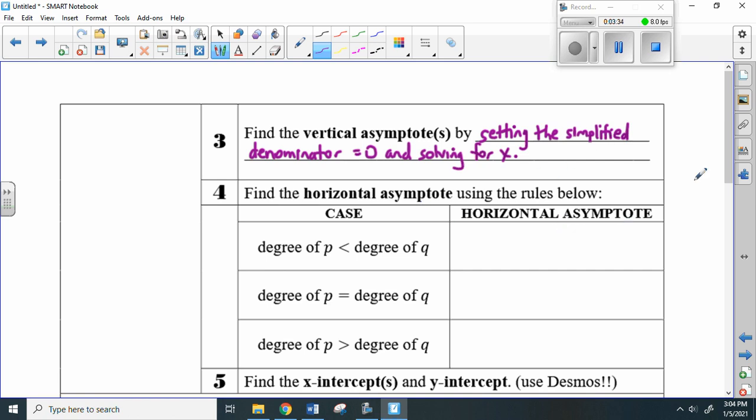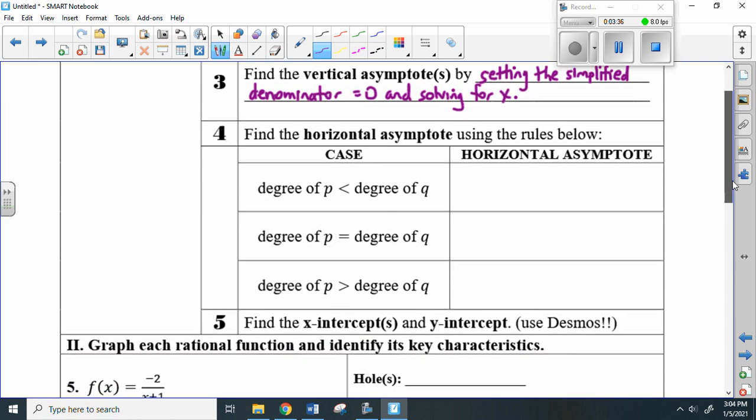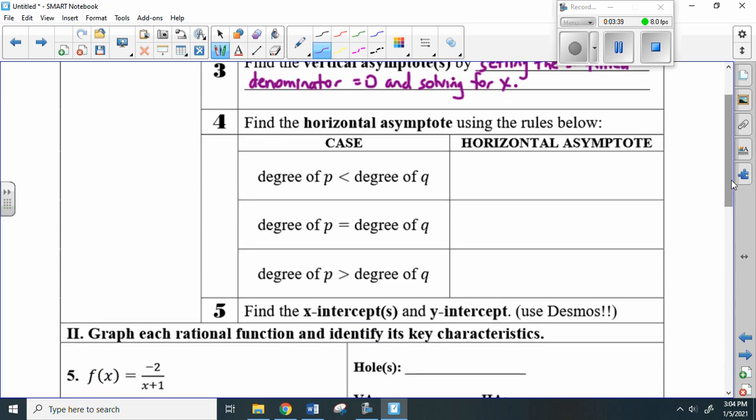For horizontal asymptotes, there are actually some rules that you have to know and pay attention to. Keep in mind we're talking about a rational function. When we're being generic, we call the top p of x and the bottom q of x. So when the rules say the degree of p is less than the degree of q, I'm just talking about p being the top and q being the bottom.